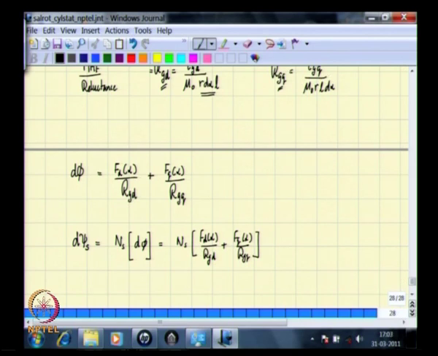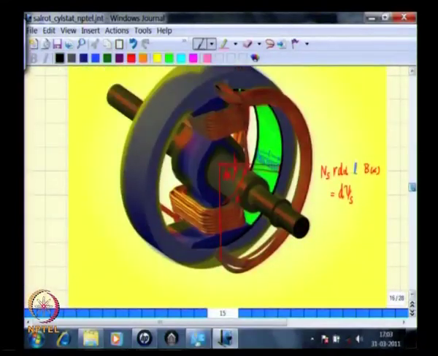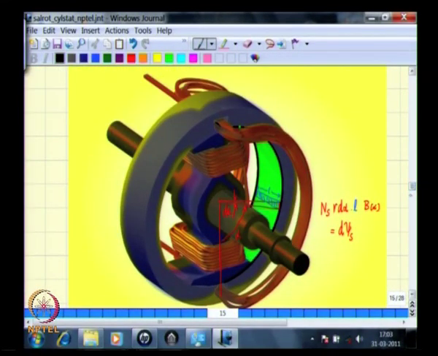Now the MMF is distributed all along the circumference. Again let us go back to the figure of our earlier lecture. In order to find out the flux linkage of the stator coil, we need to integrate over the area spanned by the stator coil. We did that in the earlier case also, but there the flux was generated by the rotor and the flux density waveforms are constant and so on and so forth.